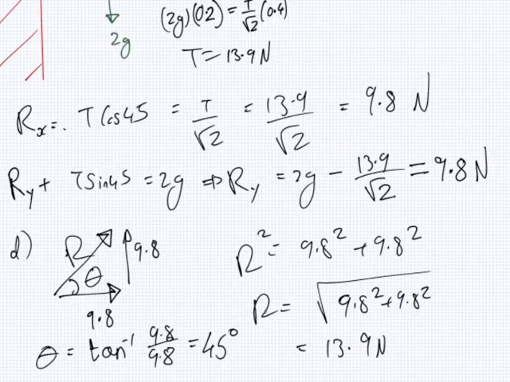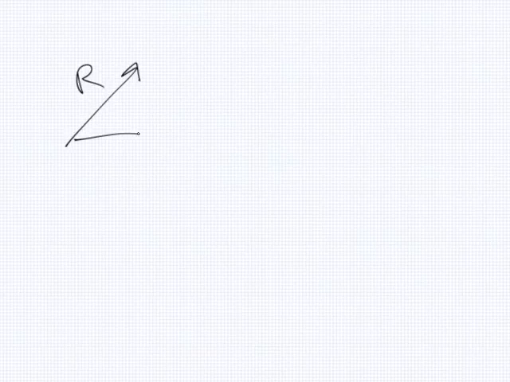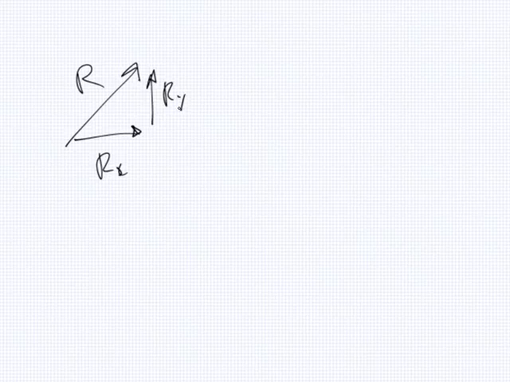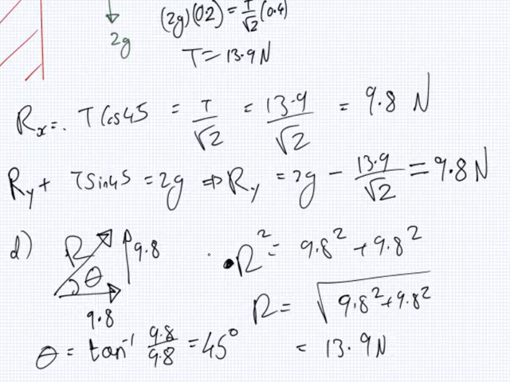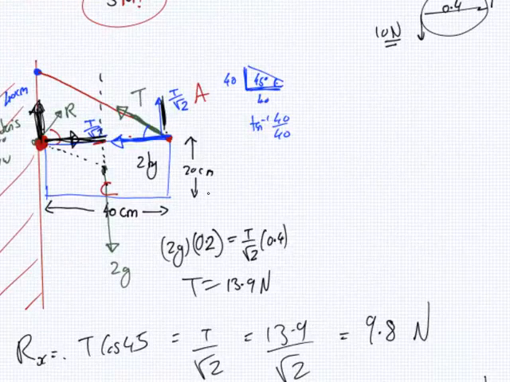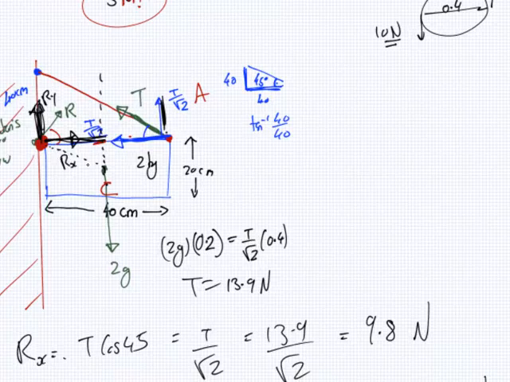This here? Yeah. So what we have here, this is R, this is R X, and this is R Y. The picture, yeah, the R. This is R Y, and this is R X. Direction of R. Yeah.